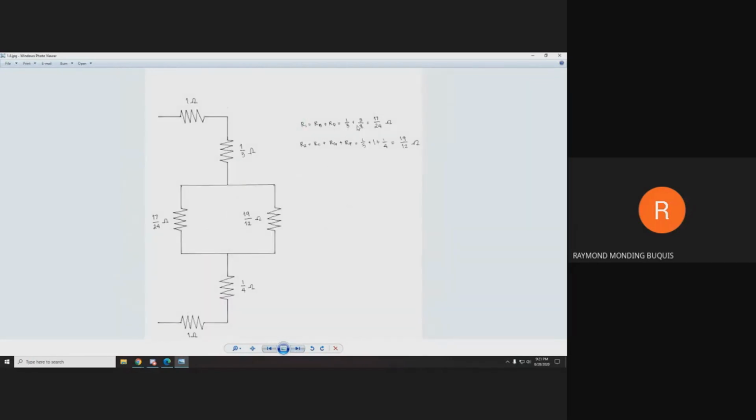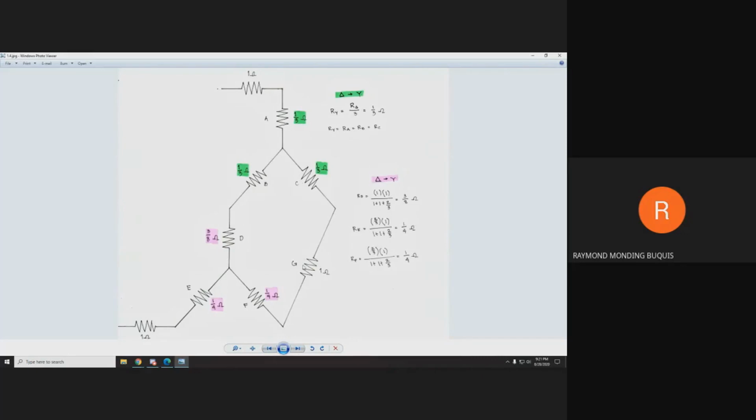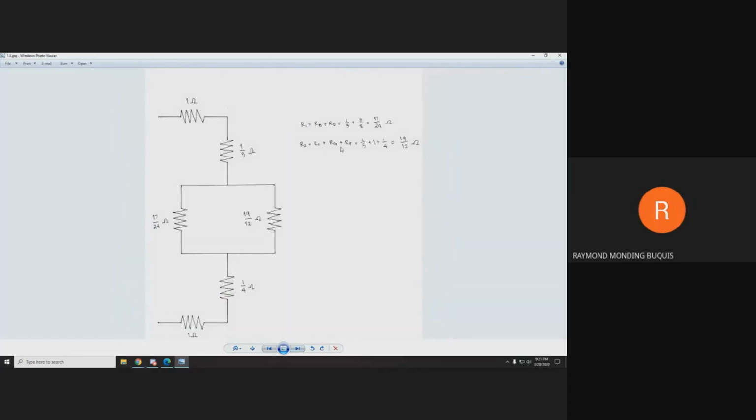So 1/3 plus 3/8 is equal to 17 over 24, so the value of the resistor here is 17 over 24 ohms. As for R2, that would be RC plus RG and RF, where RC is 1/3, RG is 1, and RF is 1/4. So 1/3 plus 1 plus 1/4 is equal to 19 over 12.